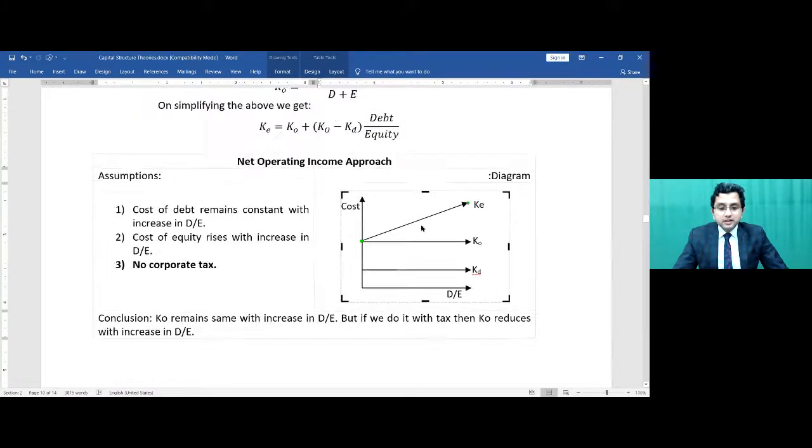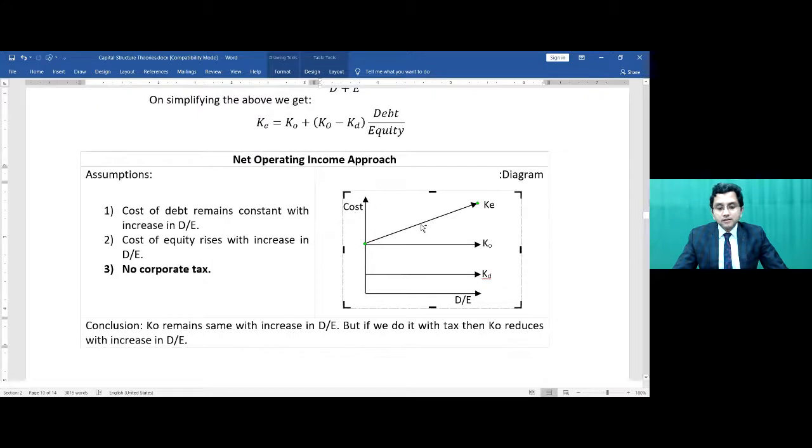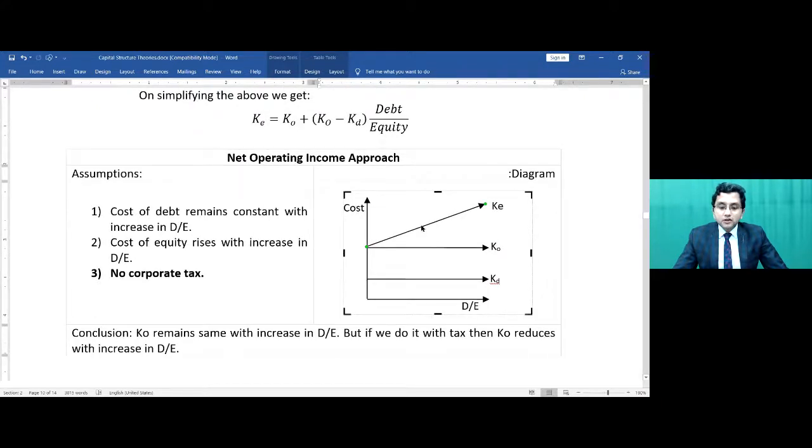And look, this is logical. Why is this logical? Because when you borrow money, your financial risk increases. If risk increases, expectation of equity shareholders also increases. So more the amount of debt, more the cost of equity. On one hand, by increasing debt in your capital structure, you are getting advantage of cheaper debt. But on the other hand, this advantage of cheaper debt is compensated by equity getting expensive.